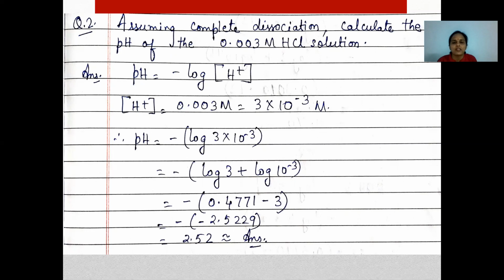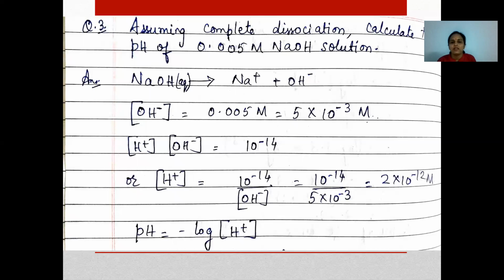Look at the third one. These two were easy ones. Look at the third one. The third one is the question, assuming complete dissociation, calculate the pH of 0.005 molar NaOH solution. So here sodium hydroxide solution, you need to calculate the pH of it. So sodium hydroxide actually gets dissociated to sodium ion and hydroxide ion.